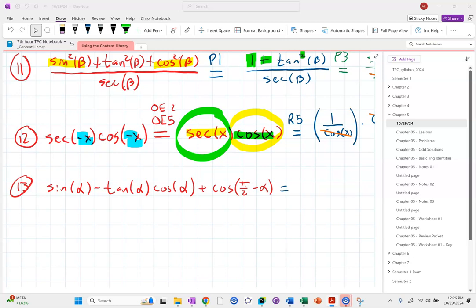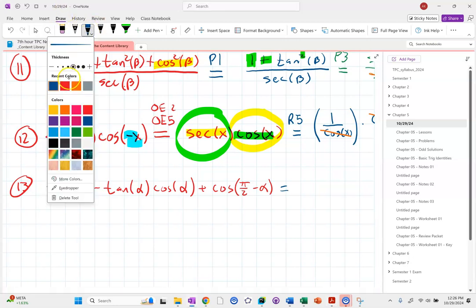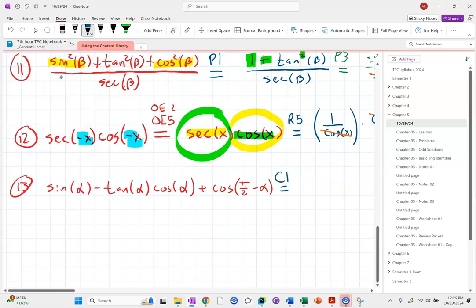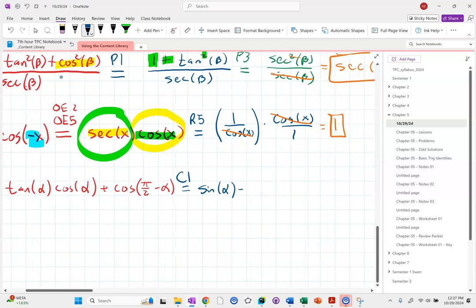Great. So that's going to allow us to rewrite that as cosine of pi over 2 minus alpha is sine.